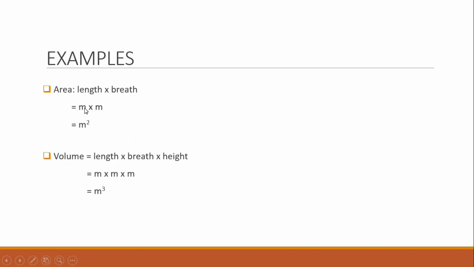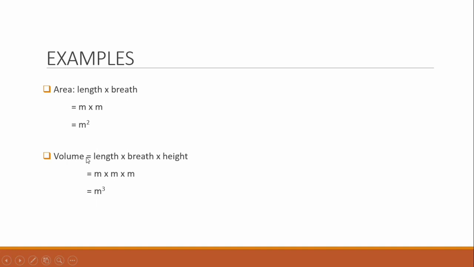Please take note, length, breadth, height, distance, they are all in meter. So length in meter times breadth in meter gives us meter times meter, which is square meter, or meter square.